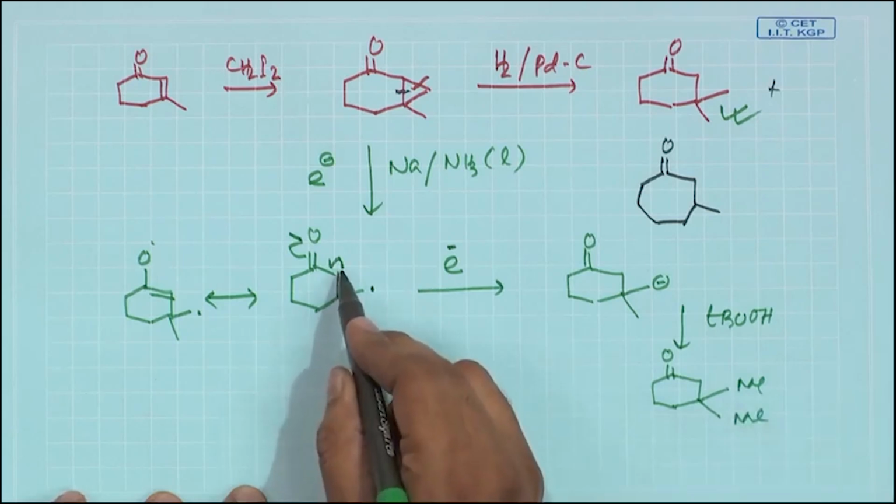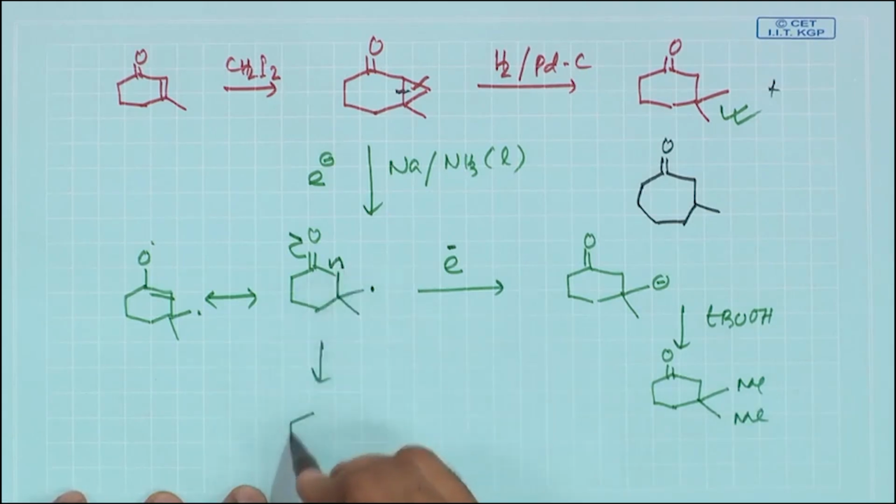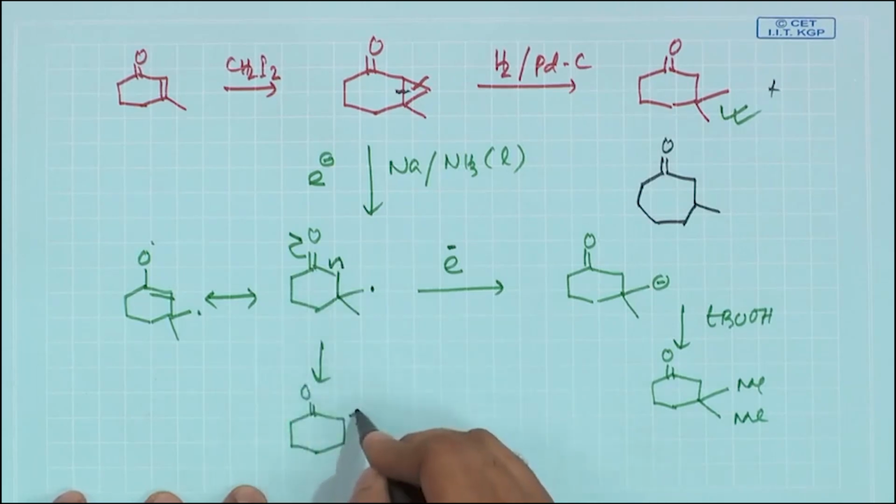Now, this particular radical which is now generated here, this also can initially be a hydrogen, and now this is absolutely stable.